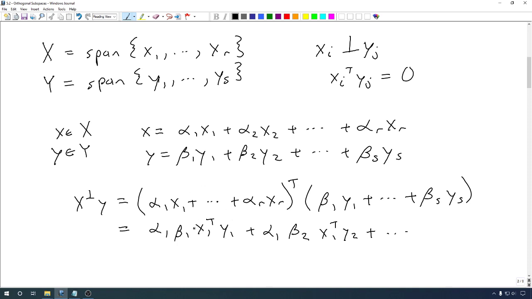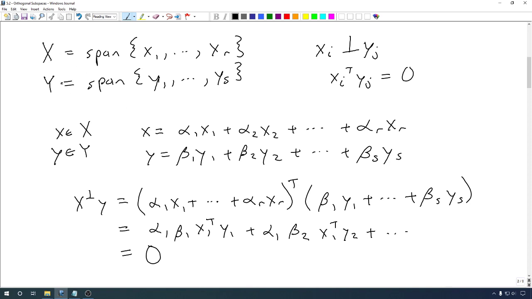But the point here is that we already assumed that no matter what xi and yj we choose, we will always get 0 for that scalar product. Each one of these is some coefficient in front of a scalar product. So we have a 0 here for this first one, we have a 0 here for this one, and every other term after this point is also going to be 0. So overall, we still get 0 for this entire sum.